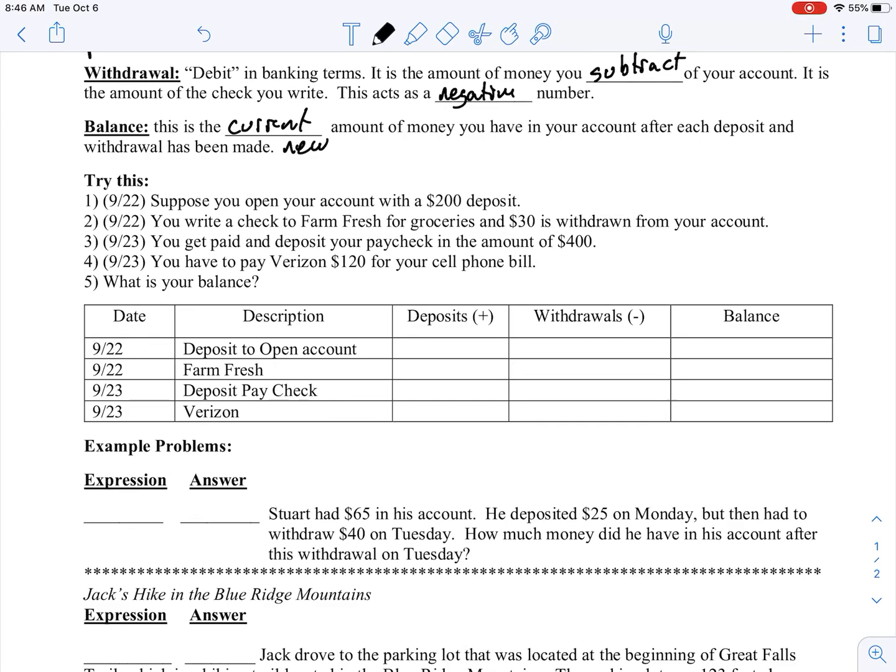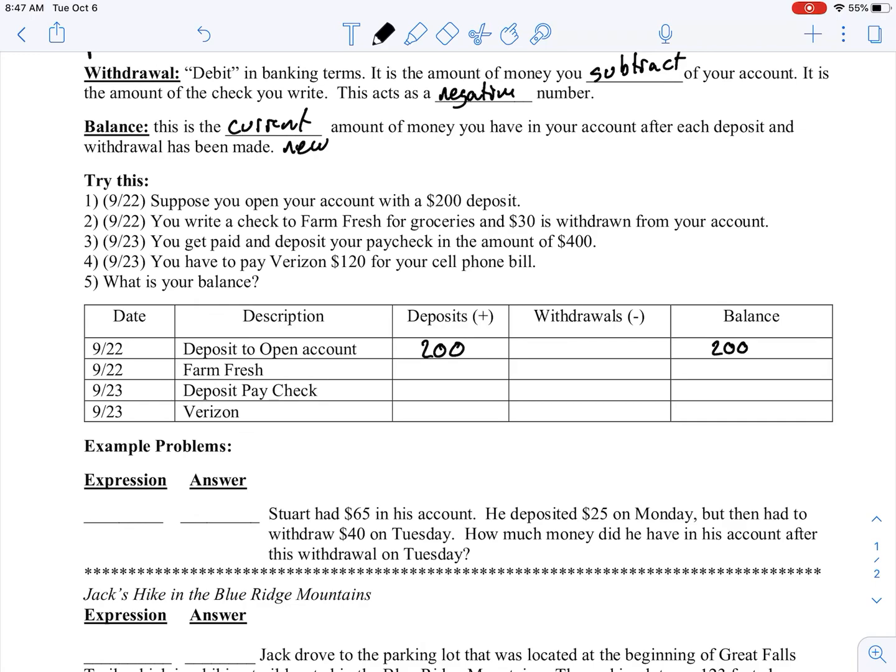So we're starting out on 9/22 here, so we open our account with a $200 deposit. So deposit means add, right? And we see it up here. So we are adding $200 to open our account. So next we write a check to Farm Fresh for groceries, and $30 is withdrawn. Our balance when we deposit that is 200.